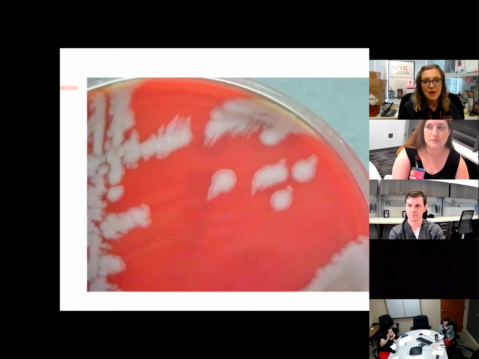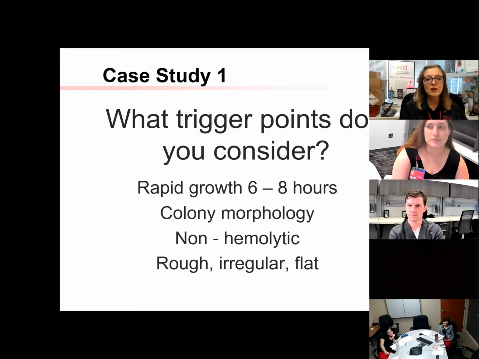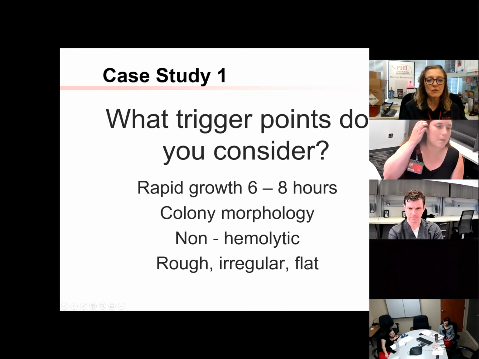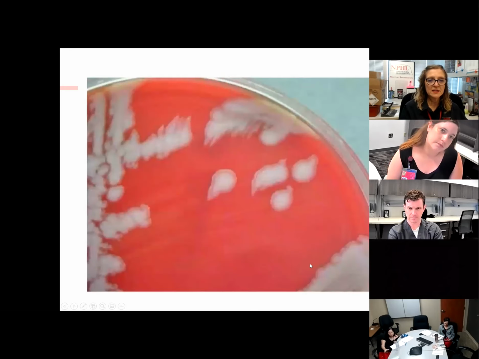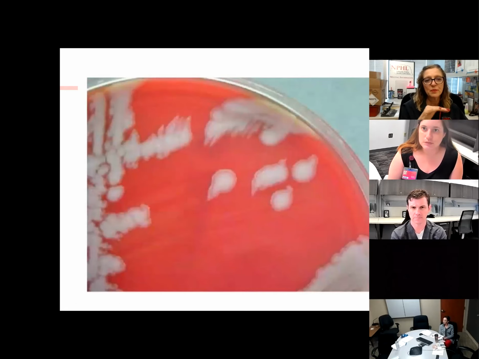Okay, so again, what trigger points do you see from the plate? Rapid growth, colony morphology that looks rough, non-hemolytic, and irregular flat. Let's look at that again. Rough, they call that kind of a ground glass look. It looks pearl-like, so it really is kind of fluorescent, almost.